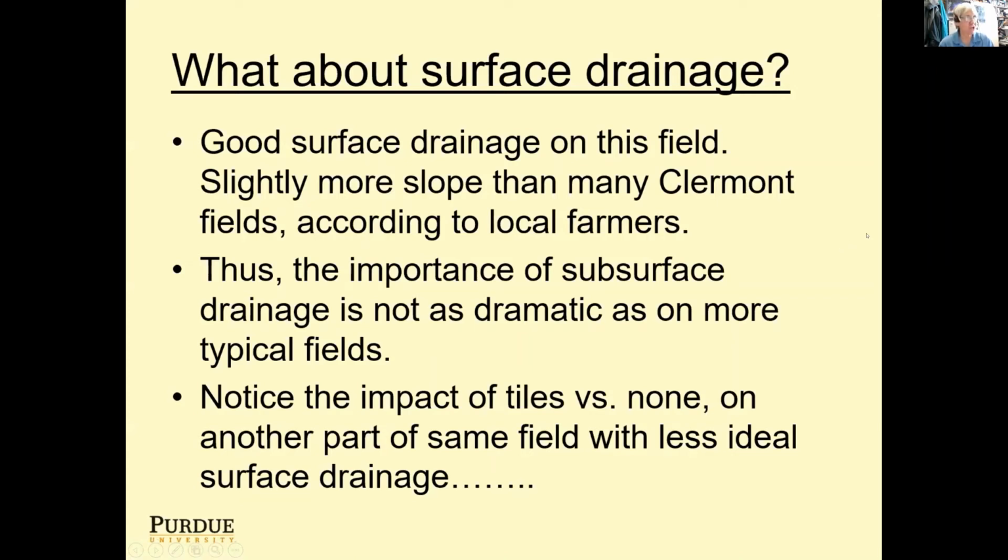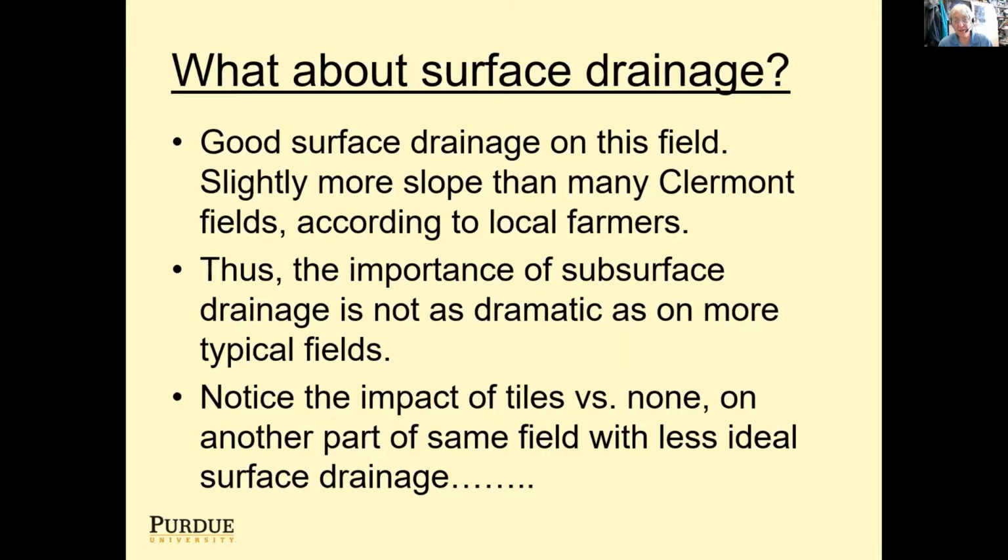Okay, what about surface drainage? We do have good surface drainage on this field, which I get reminded of regularly when I give talks down in the CPAC area. The farmers there remind me that I have slightly more slope on my field than do many of the very flat, large, broad flats of the Claremont fields.